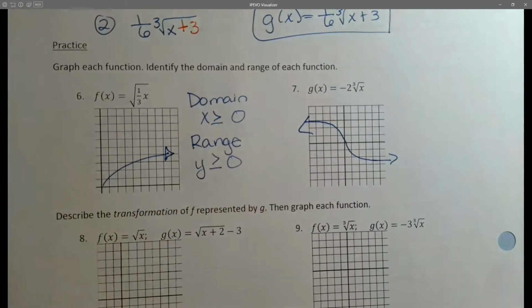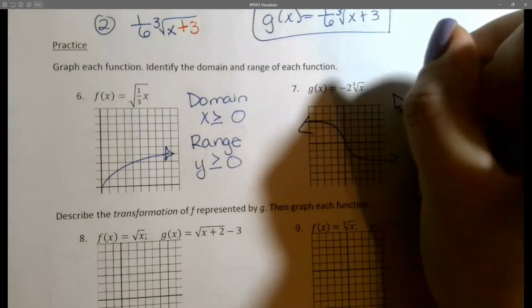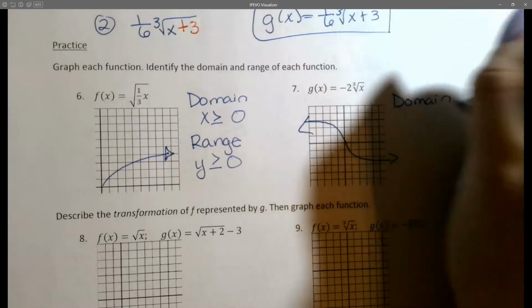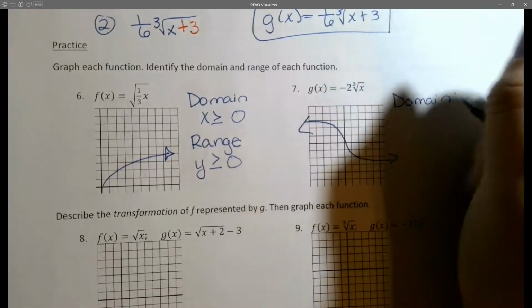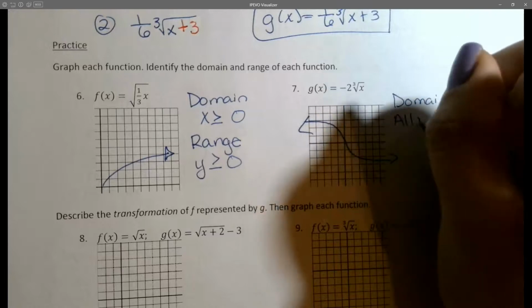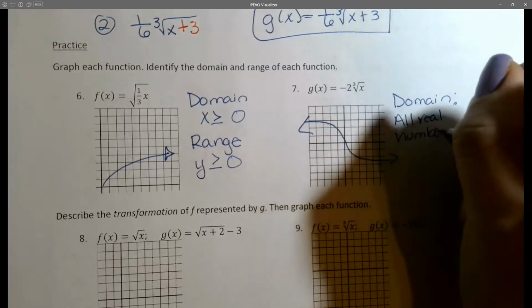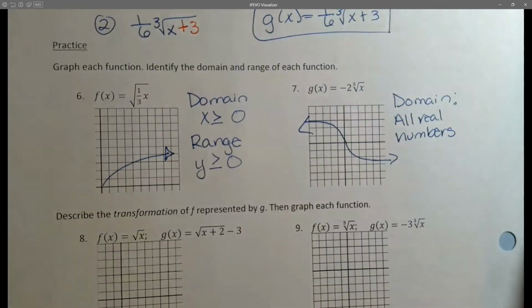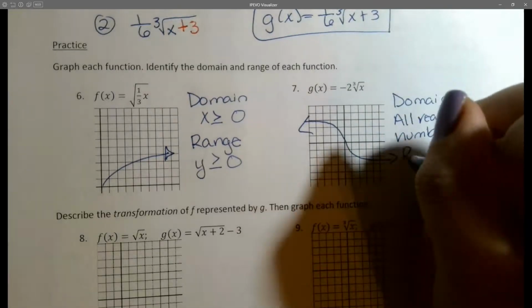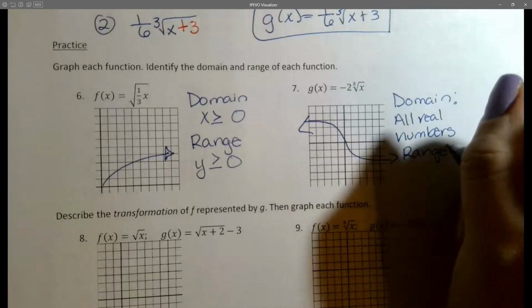That one is a lot better than my number 2. This one is going left and right forever. So my domain is all real numbers. And then this one is also going up and down forever. So my range here is also all real numbers.